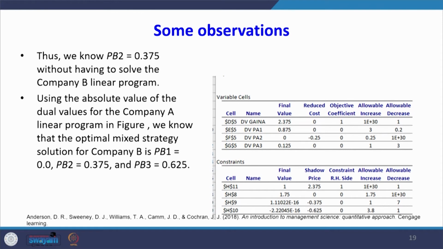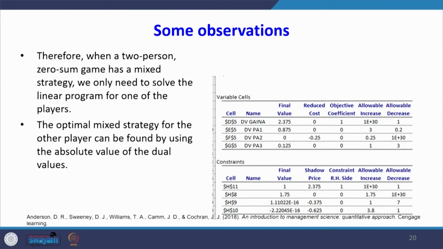So, we can solve from A's perspective, then we can see what the dual value is. That dual will be the optimal strategy for player B. So, using the absolute value of the dual value for company A's linear program in the figure, we know that the optimal mixed strategy solution for company B is PB1 is 0, see this one, PB2 is 0.375, we have to consider only the absolute value, PB3 is 0.625. That is the important observation.